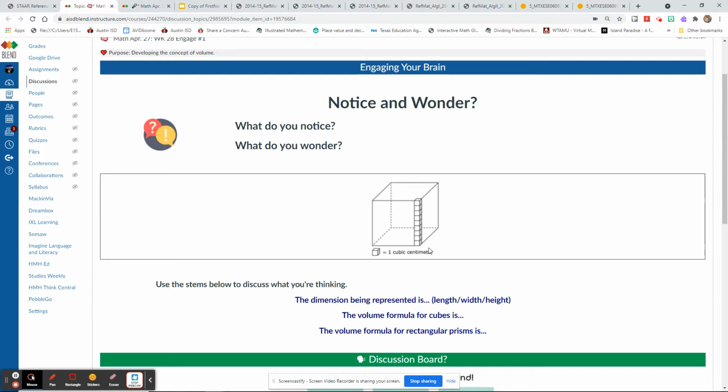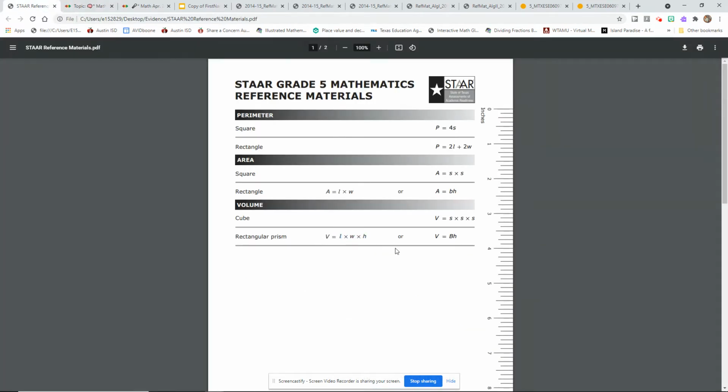What we're looking at right here is an image, and they are representing one dimension. Remember for volume, you have three dimensions: length, how long something is; width, how wide something is; and height, how tall or how high something is.